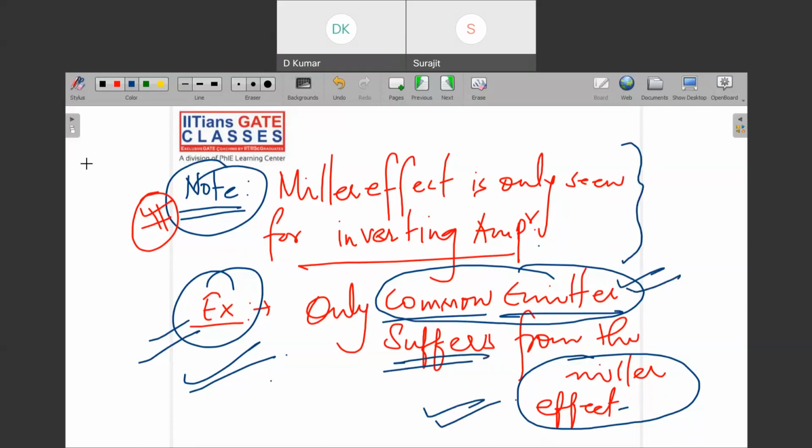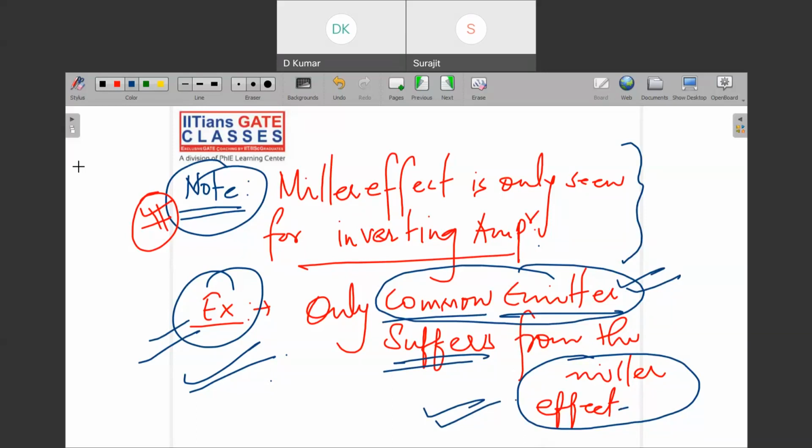In common base, the input resistance is low, already low. In common emitter, parameters like input resistance and output resistance are of intermediate range.